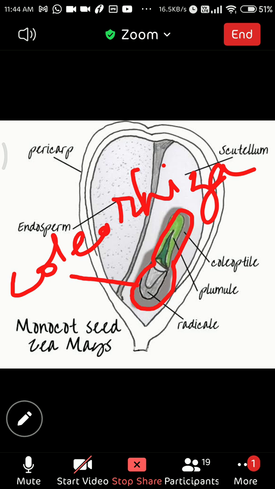Later on, it will convert into root. And this plumule is the embryonic shoot. Means after germination, or at the time of germination, it will change into the shoot. Got it?